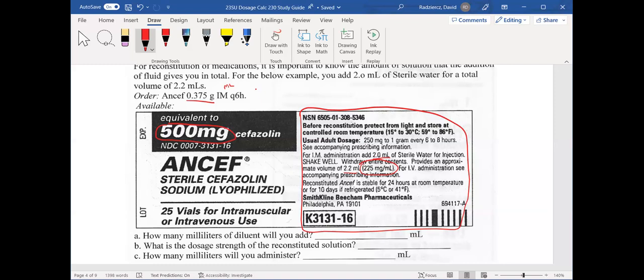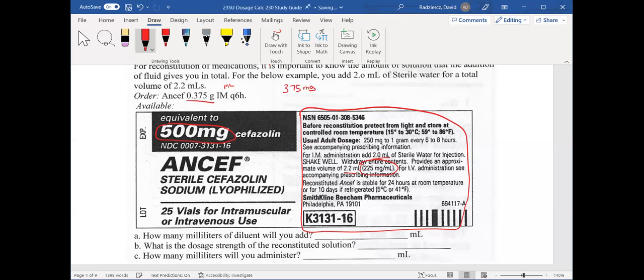Okay. So they're all going to be hidden like that to some extent. They won't be hidden anymore because now you've seen a couple of these. And I'll show you, I think there's one more on this page. What we're going to do then is I'm just going to quickly convert 0.375 grams to milligrams. So that's just 375 milligrams.